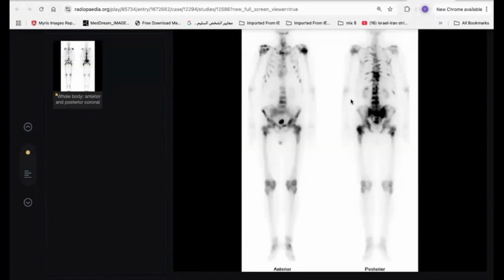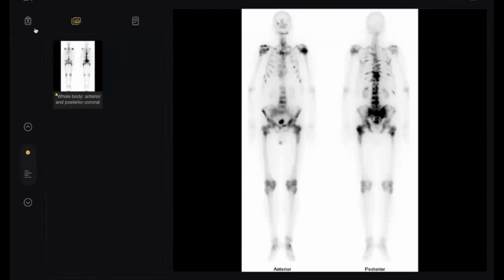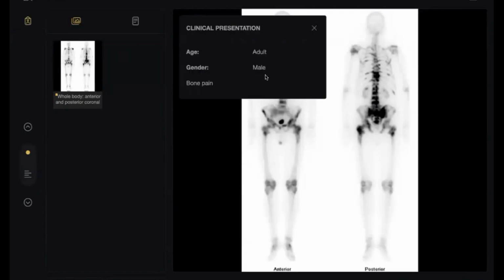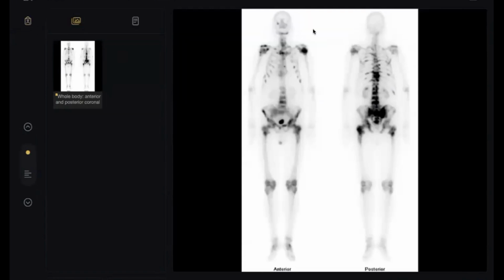Assalamu alaikum, sir. Doctor, this is an adult male patient with bone pain. I am provided with a single static image of the delayed bone scan images, in which I can appreciate multiple areas of increased uptake.